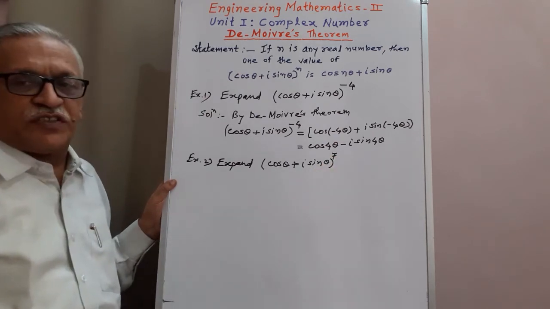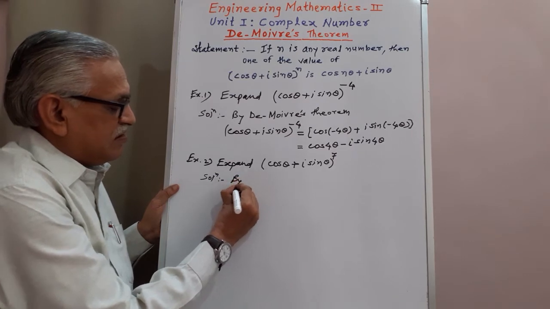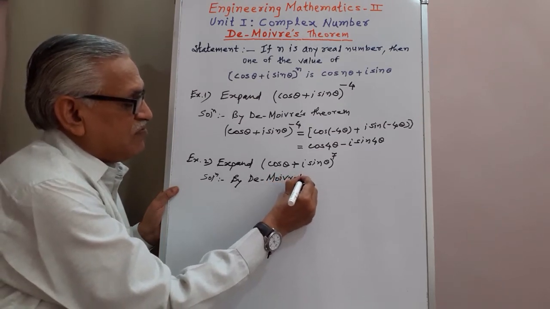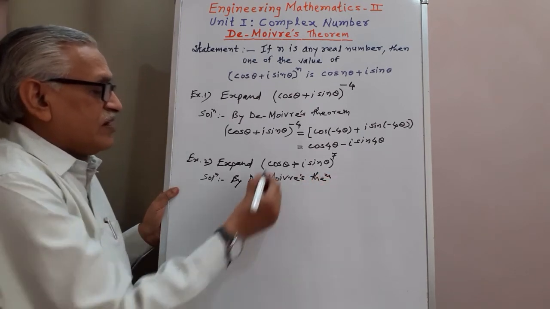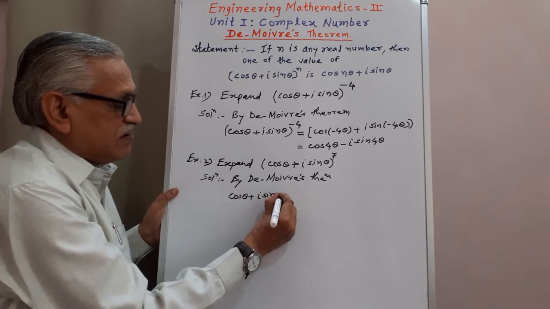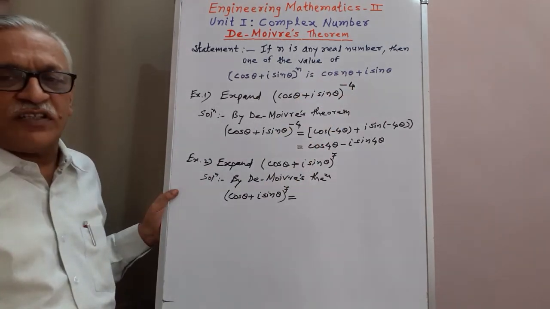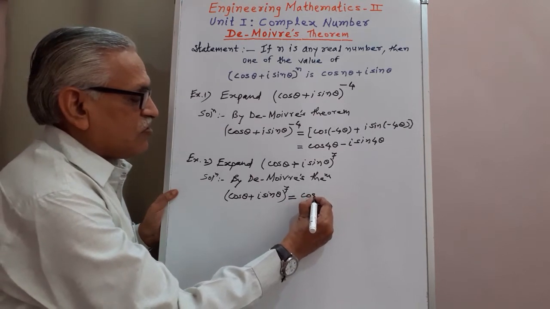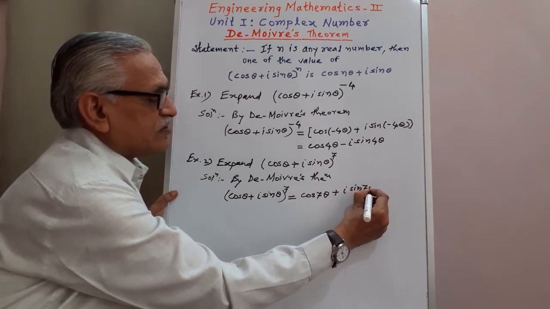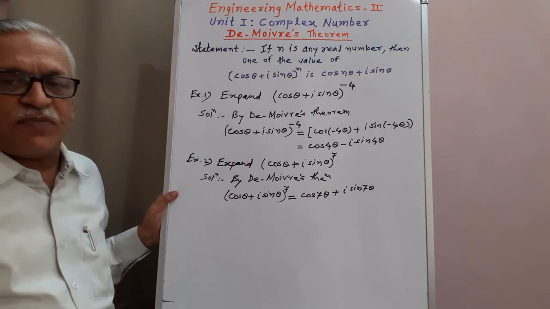Here n is a positive integer, a real number, and therefore by De Moivre's theorem, the expansion of (cos theta plus i sin theta) raised to 7 is equal to, applying this result as cos n theta plus i sin n theta, cos of 7 theta plus i sin of 7 theta.